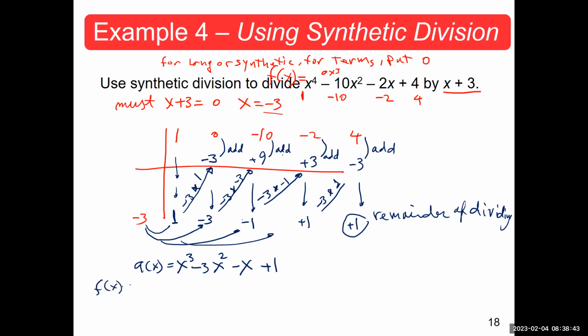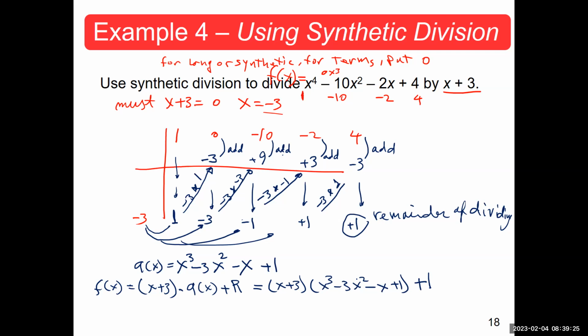We say that f(x) is equal to (x plus 3) multiplied by Q(x) plus the remainder R. So that means it equals (x plus 3) multiplied by (x cubed minus 3x squared minus x plus 1) plus 1. That's the final answer.